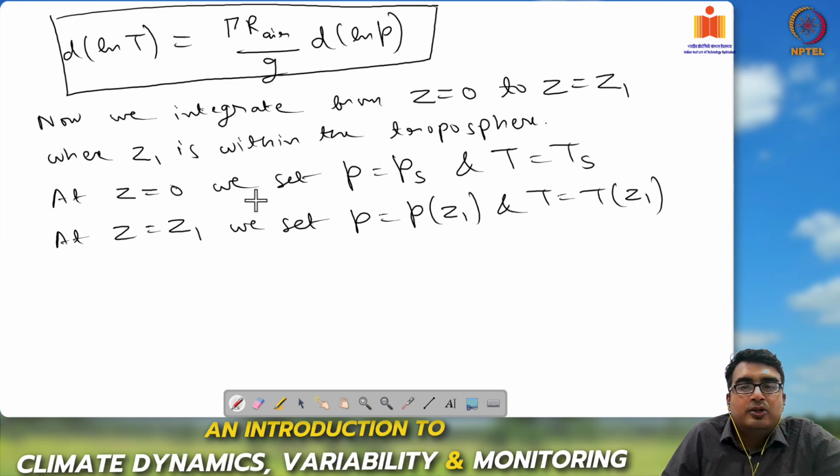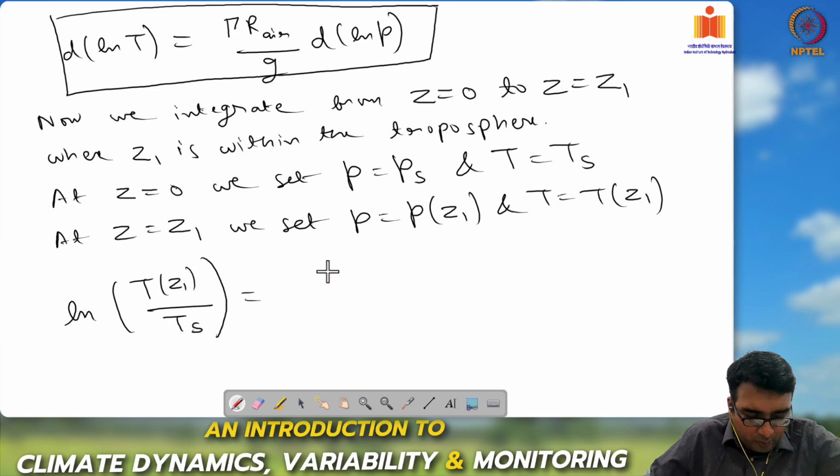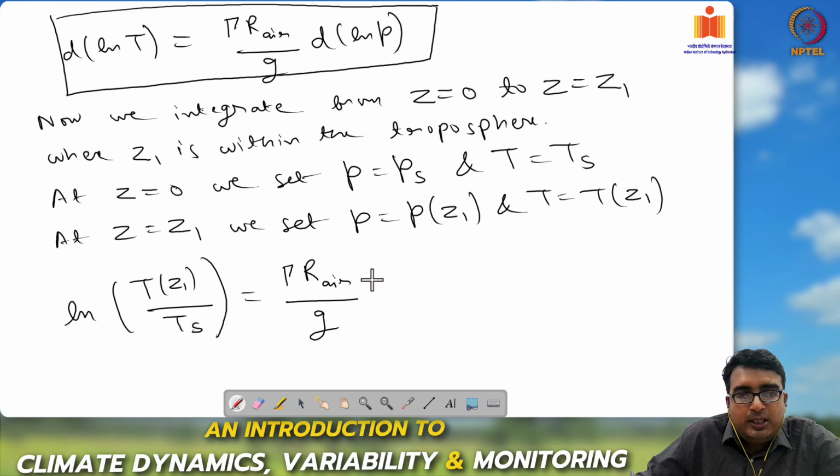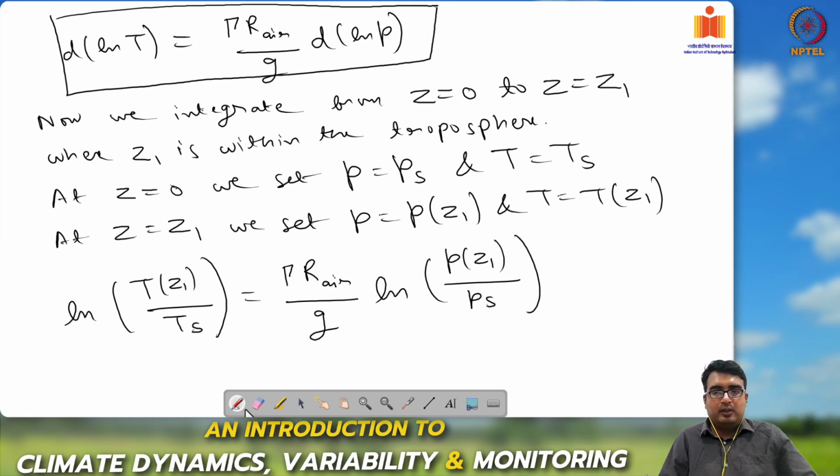If we do the integration within these limits, we have log of T at z1 by Ts equals gamma R air by g log of P at z1 by Ps.